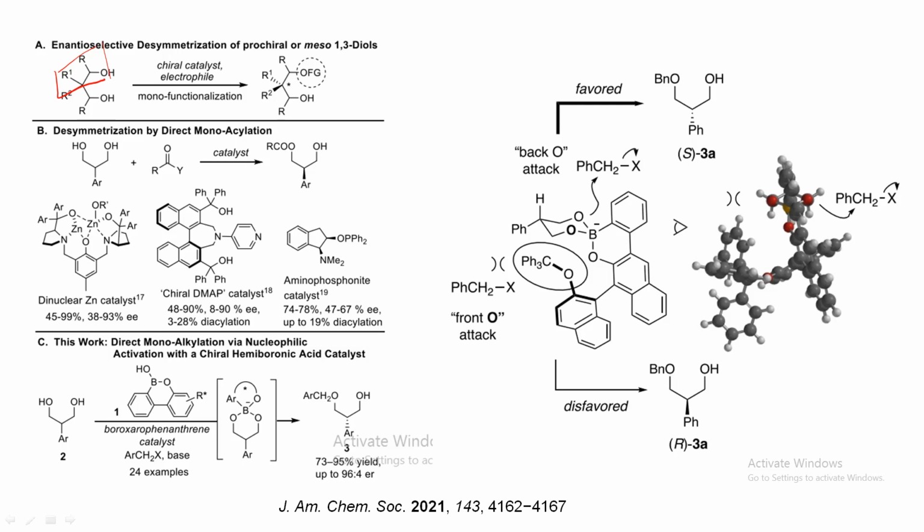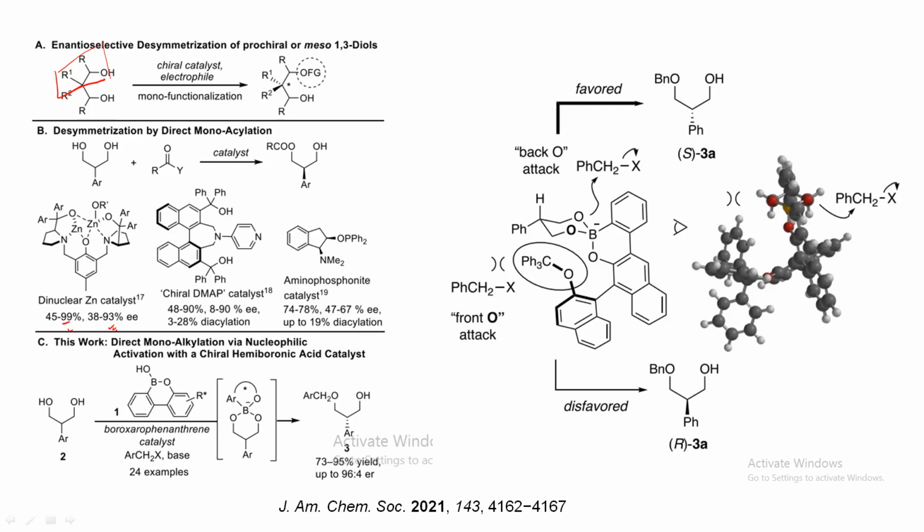Here you can see a zinc based catalyst, where zinc is attached to this kind of ligand, and with this ligand they have achieved up to 93% enantiomeric excess. This particular number is the yield. So the maximum yield they got is 99, and enantiomeric excess they maximized to 93%.